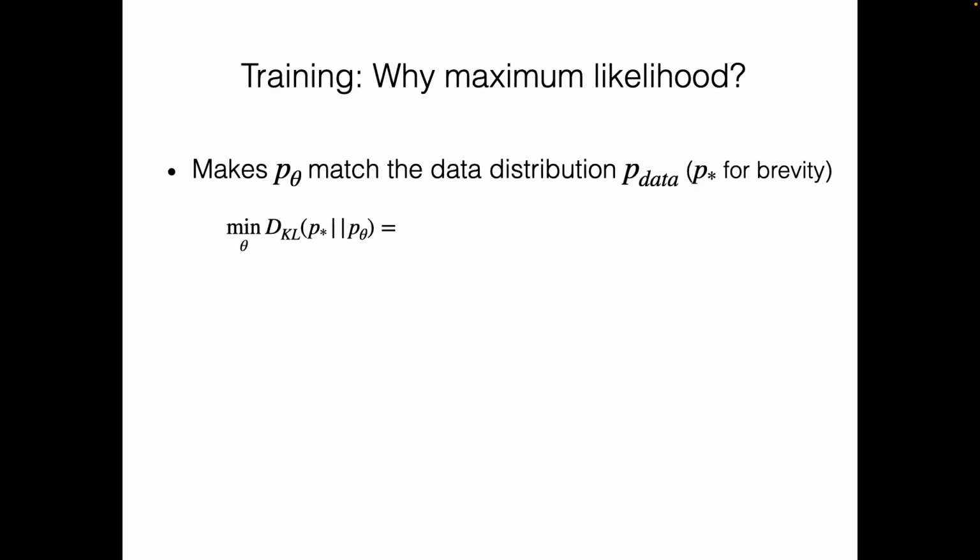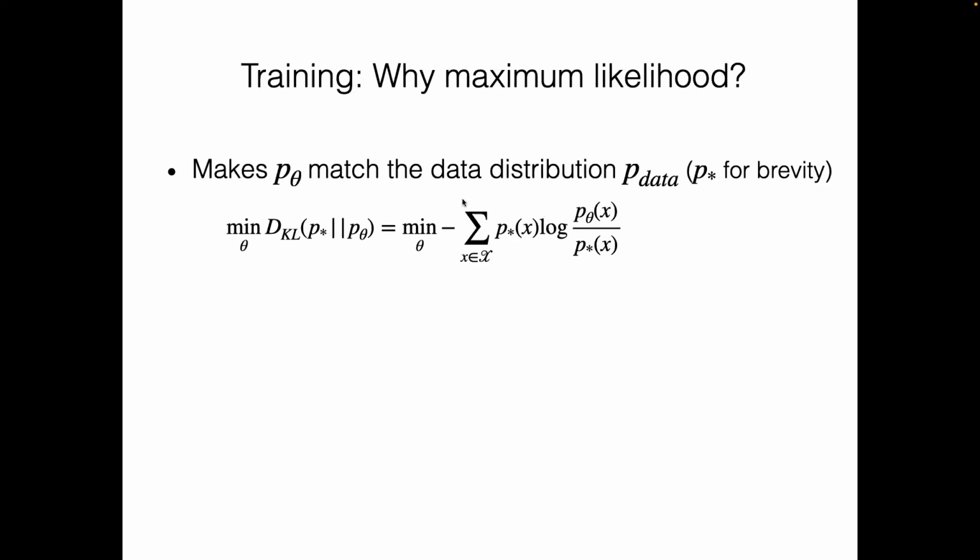Here we're going to start off with this KL divergence. It's basically the exact same thing that I talked about in the last class. Here we have our data distribution P star and our model P theta. Let's say that our goal is to minimize this divergence. So we want our model to match this target distribution. That seems like a reasonable goal if our goal is to learn this probability distribution.